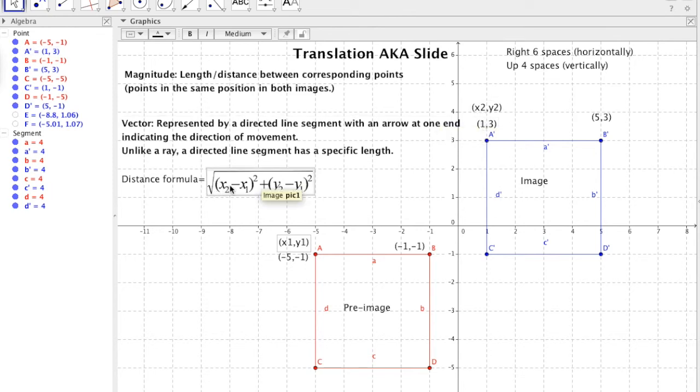So we plug in x2, which is 1, minus x1, which is -5, so minus -5, remember that, and then square it, plus y2, which is 3, minus y1, which is -1, minus -1, and then square that. Add the two numbers up, take the square root. So while you are doing that, I'll do this on the computer.